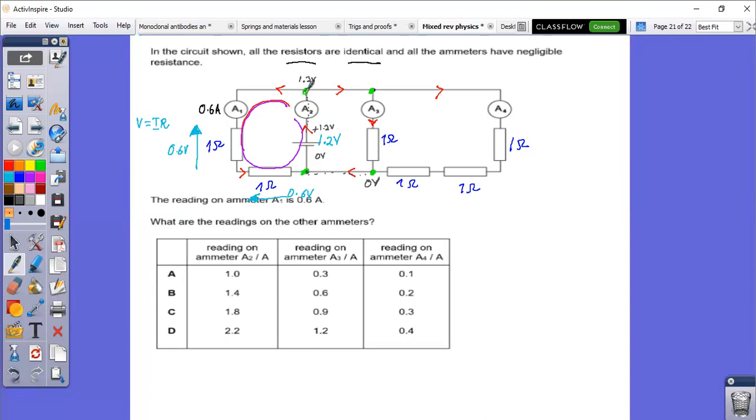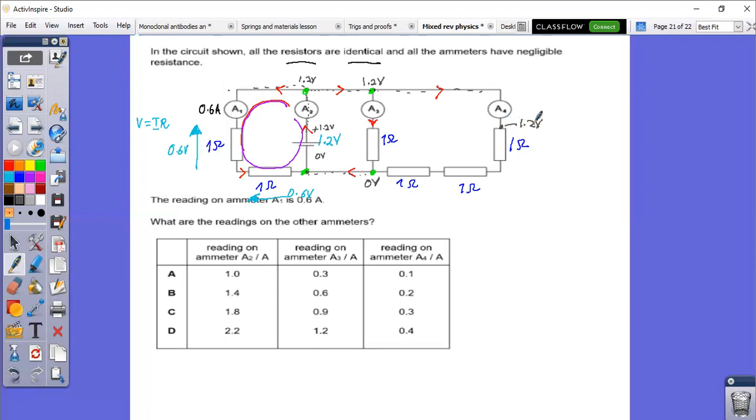That's the potential at this green dot. And everything on this rail, before we meet a resistor, as long as it's a wire, everything will be at 1.2 volts potential on this wire until we go past the resistor. So this here is also at 1.2 volts.